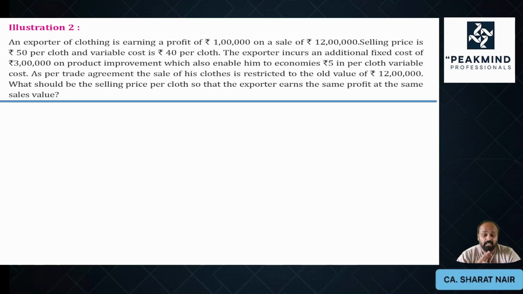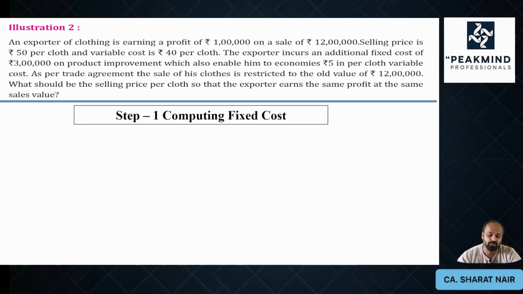Now, if I do like that, however, I can't change my sales value, which happens to be 12 lakh, because we have committed that 12 lakh rupees. Now, with this information, they are saying, if you want to maintain the same amount of profit which you have earned this year, and you can't change your sales value in total, what should be my revised selling price is the question. I hope the question is clear. If that is clear, let's start discussing the solution.